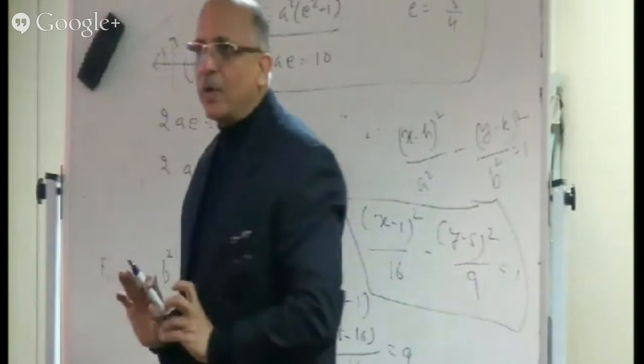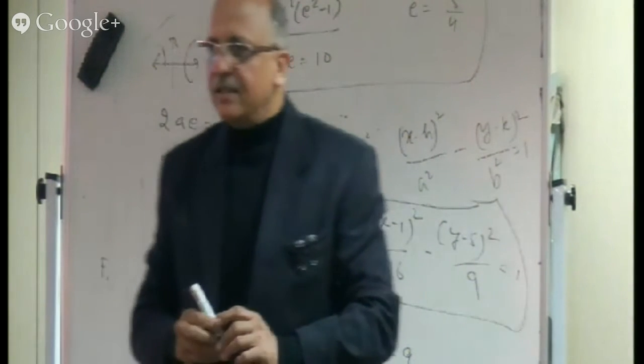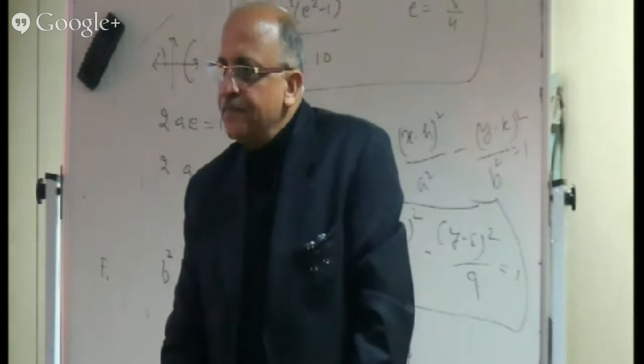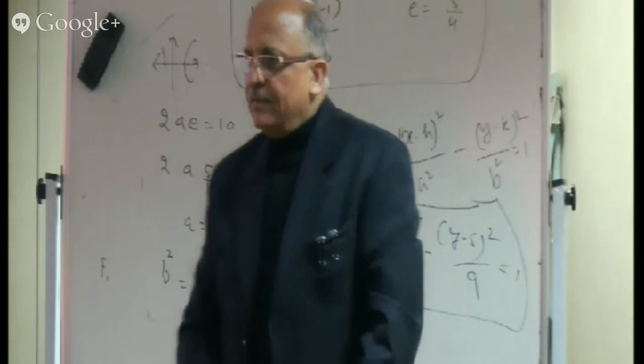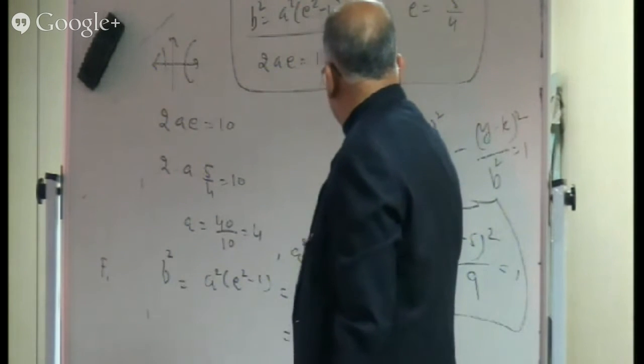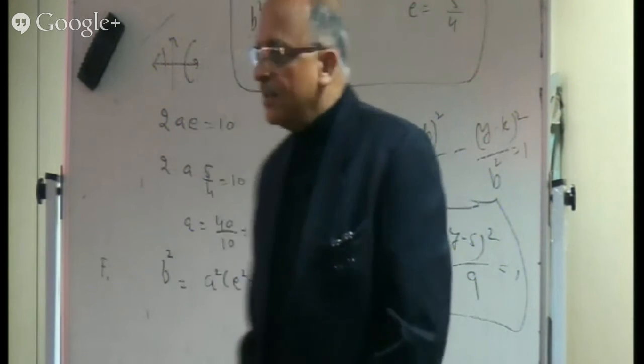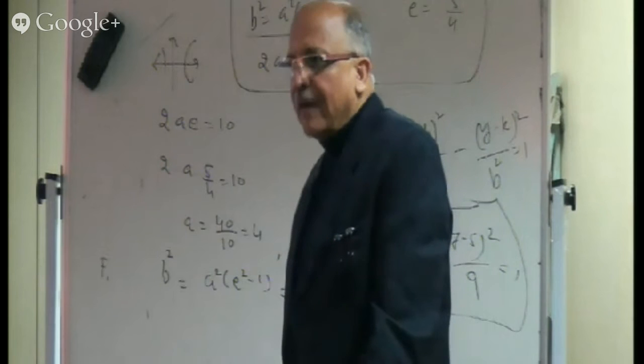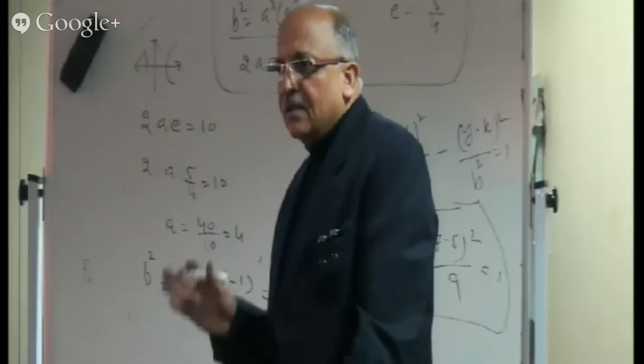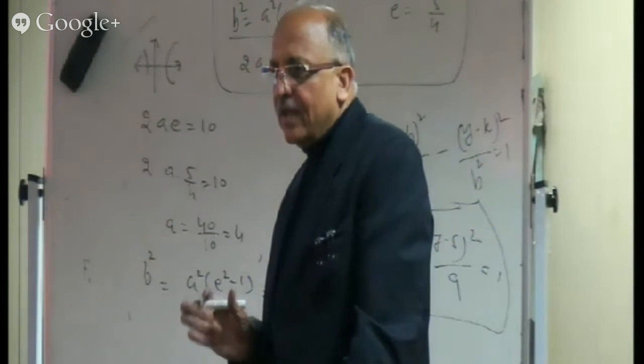So nothing is going to change except the coordinates. Distances will remain the same. So instead of x square, we have x minus 1 square. Instead of y square, we have y minus 5 square because of the center.